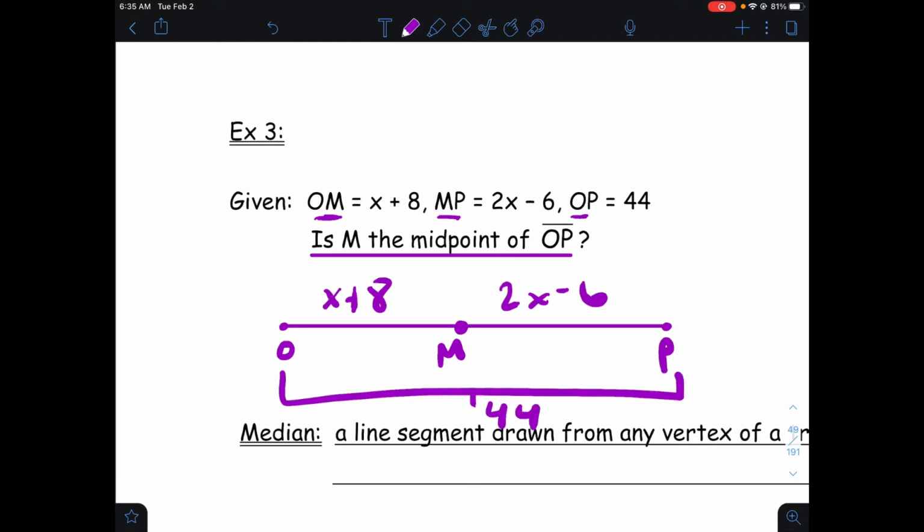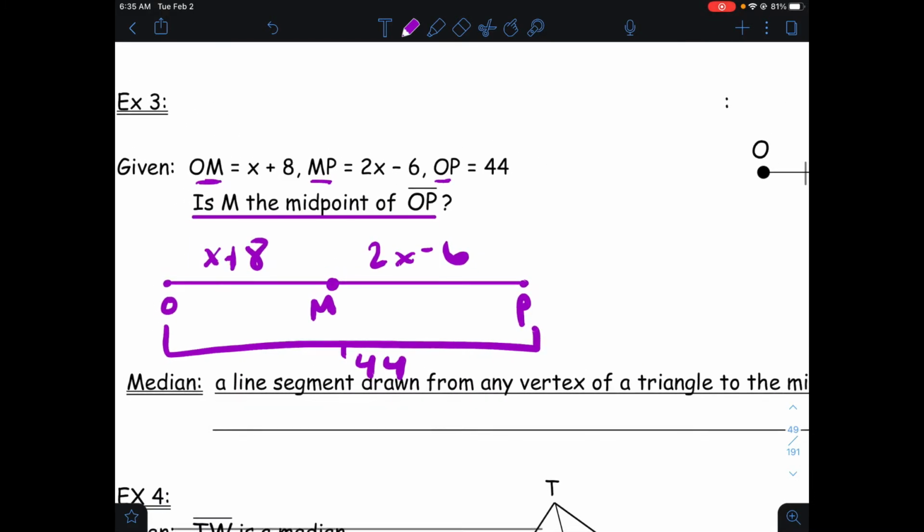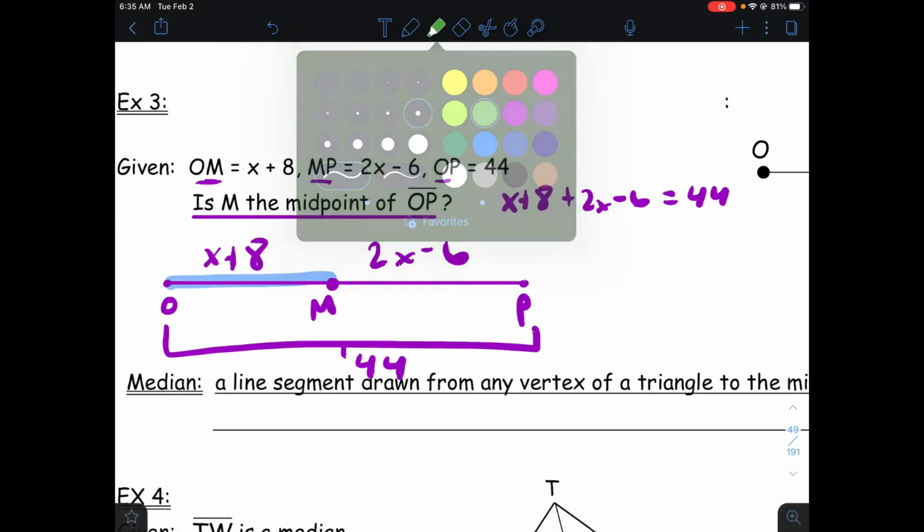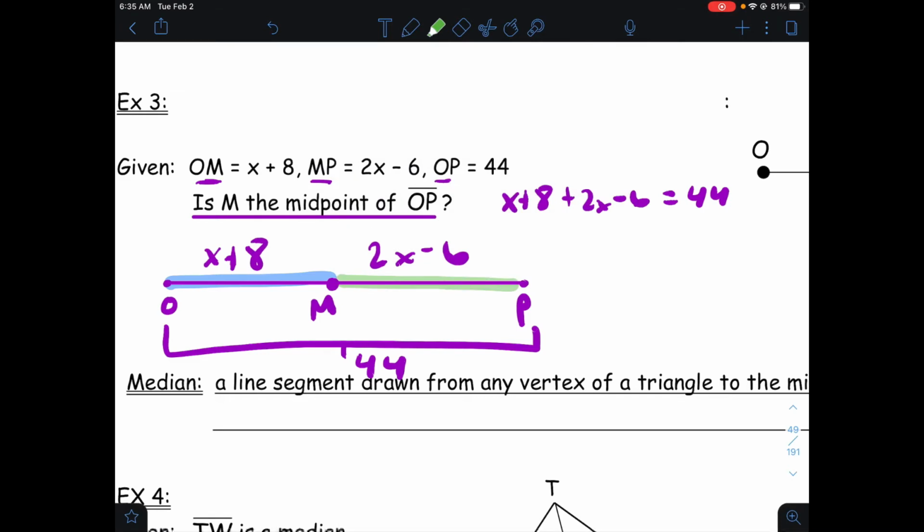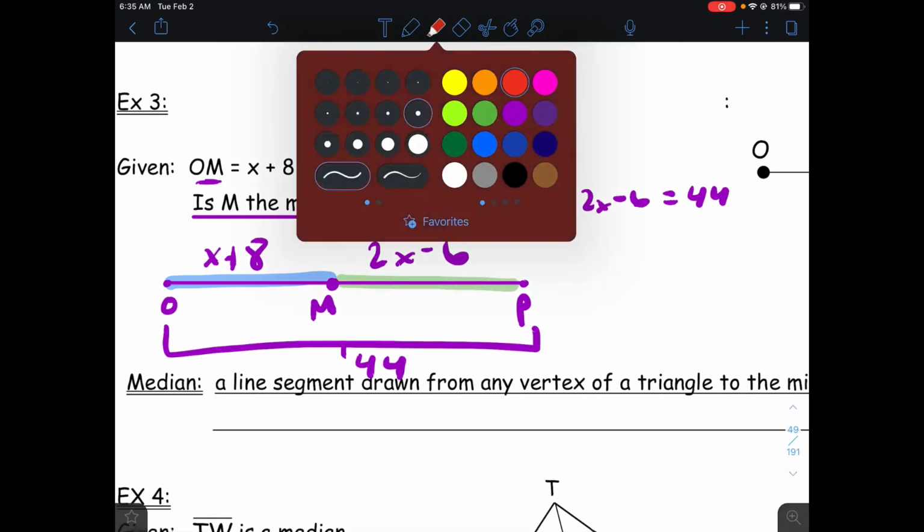So what we need to figure out is, is OM equal to MP? We'll say x plus 8 plus 2x minus 6 has to equal 44, because this plus this needs to equal the entire thing, which is 44.